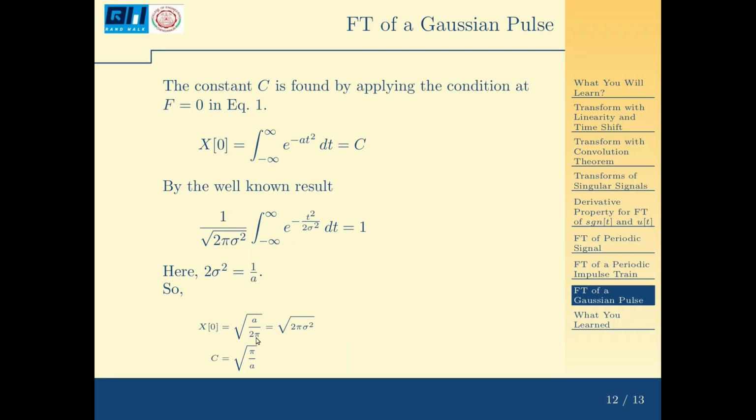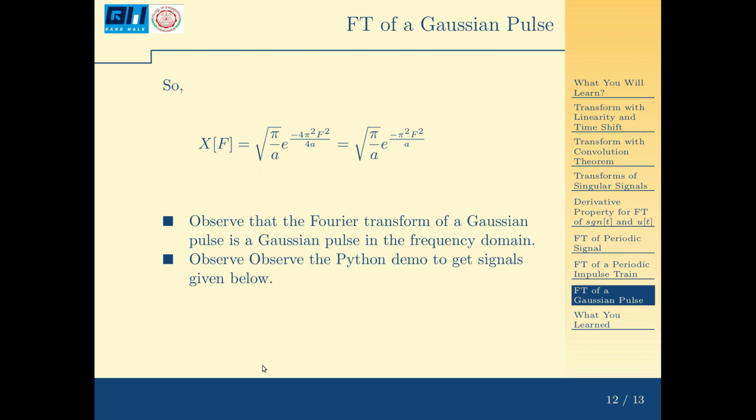So X of 0, which is root of pi by a, equals c. Hence c becomes root of pi by a. So X of f will be root of pi by a e raised to minus pi square f square by a.